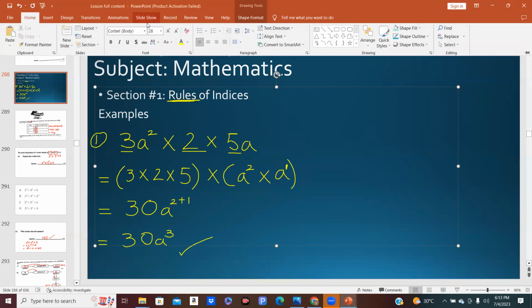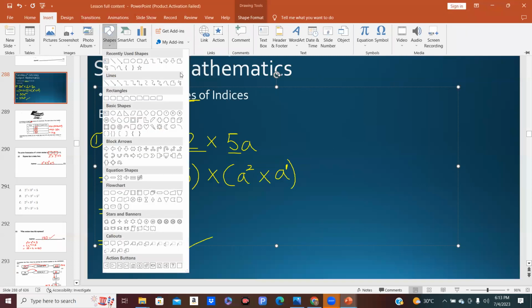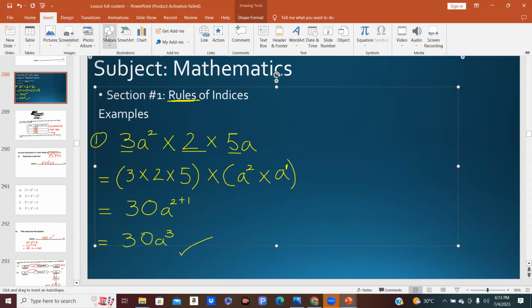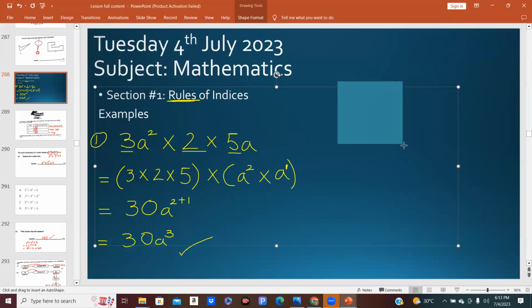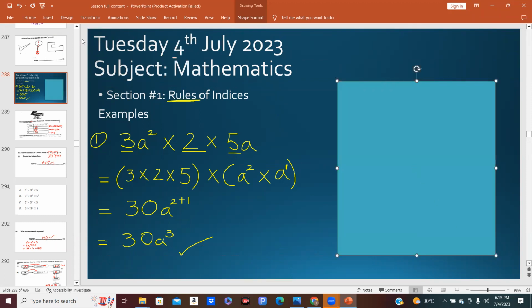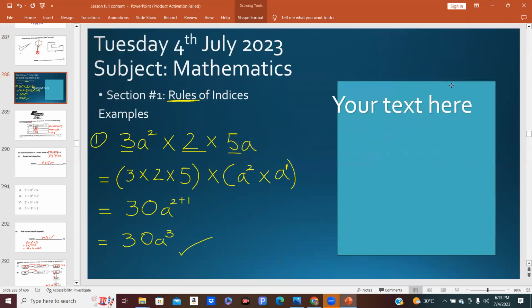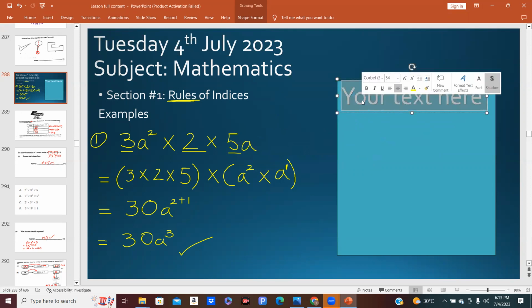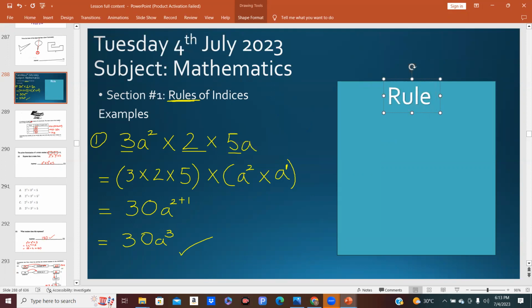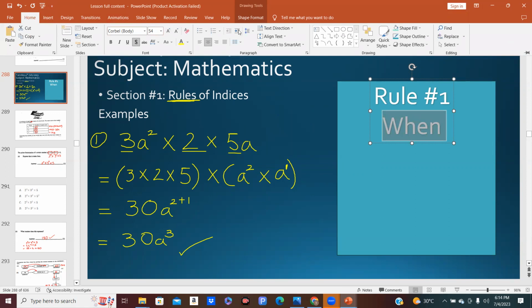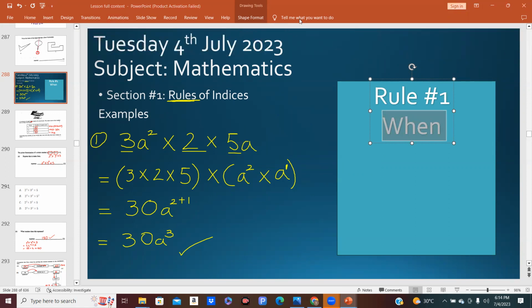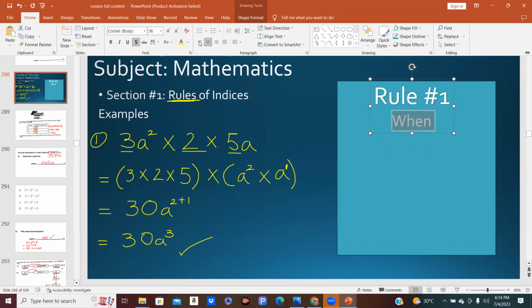Let me write down the rule. Let me make it center.